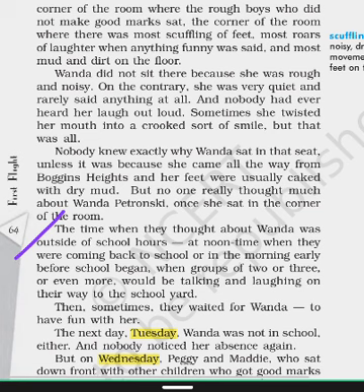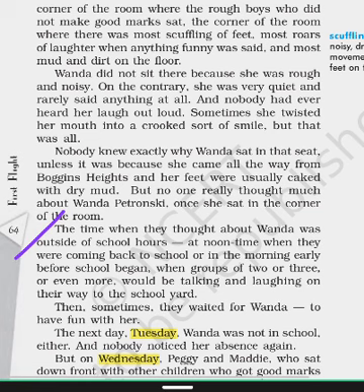The time when they thought about Wanda was outside of school hours. At noon time, when they were coming back to school, or early in the morning before school began, when groups of two or three or even more would be talking and laughing on their way to the school yard. When Wanda Petronsky sat in the class, no one used to notice her.